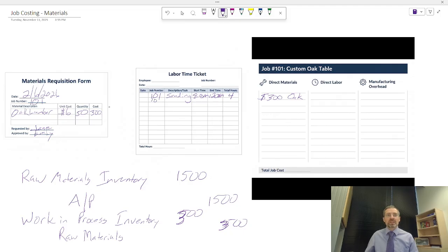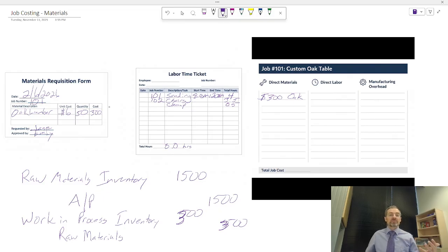She also might have worked on job 102, which was chairs. And I'm not going to put times, but let's say she worked 3.5 hours. And then at the end of the day was just cleanup. And that was half an hour. So a total of 8 hours that day.